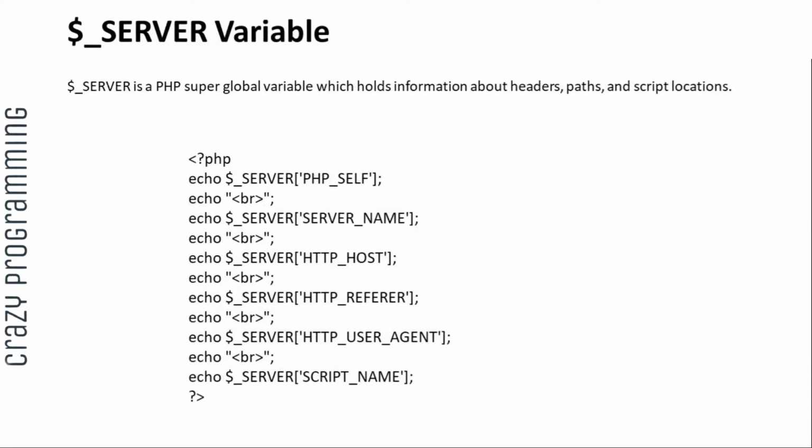Alright, let's check out the second one, that is the server variable. What is a server variable? $_SERVER is a PHP super global variable which holds information about headers, paths, and script locations. This is the basic and simple definition.